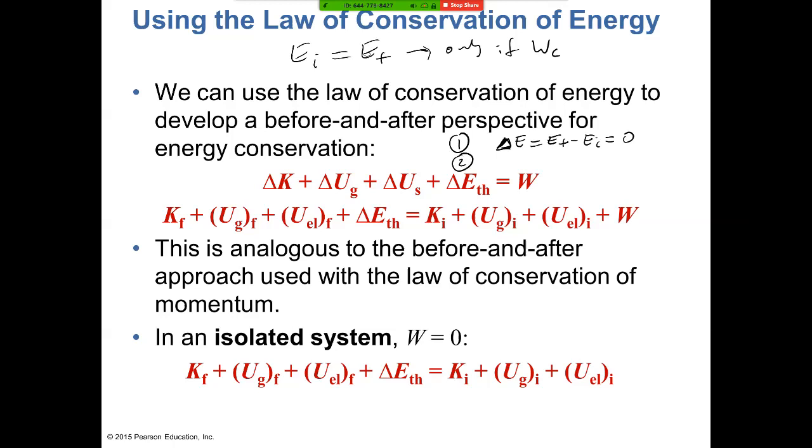Or condition 2, where delta E, which is E final minus E initial, is not equal to 0, which means that energy before and after is not the same. If they're not the same, something changed the energy.